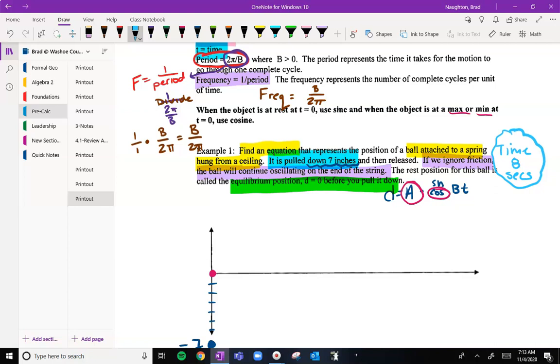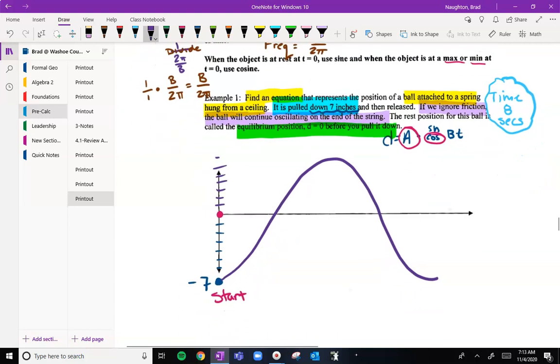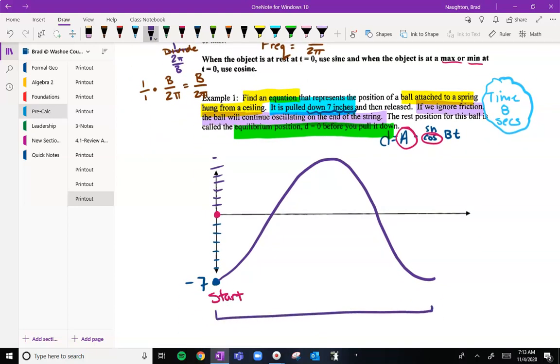So what that means is that 8 seconds is how long for it to do a full rotation. So if we already know that our amplitude is 7, so 1, 2, 3, 4, 5, 6, 7. So the idea is we're going to do one of these. This amount of time is 8 seconds. Okay, so our period takes 8 seconds.